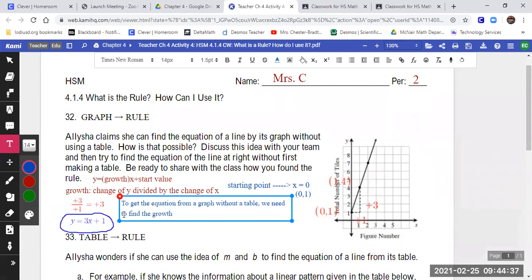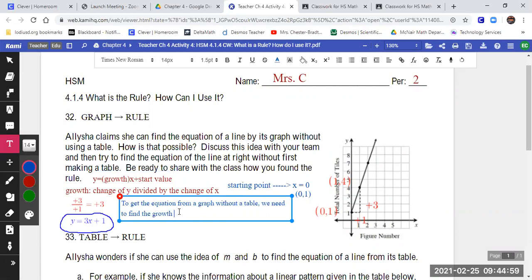Look at this graph. What was added to the graph that helped us find growth, guys? What was added to this picture to help us find growth? The generic triangle. Yes, the slope triangle.